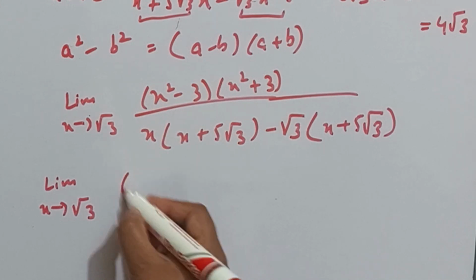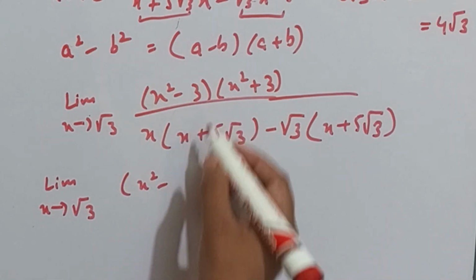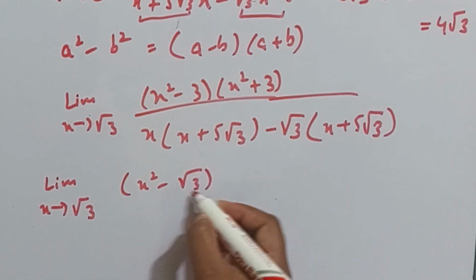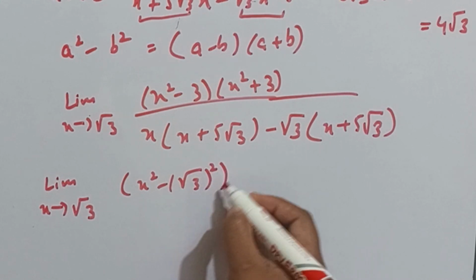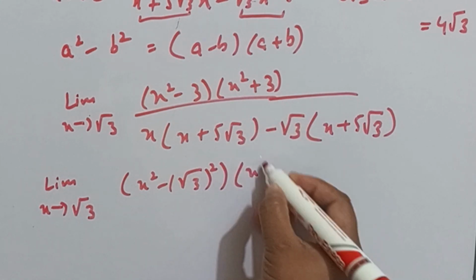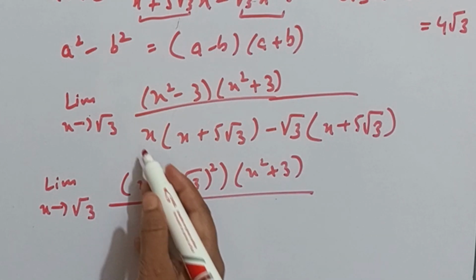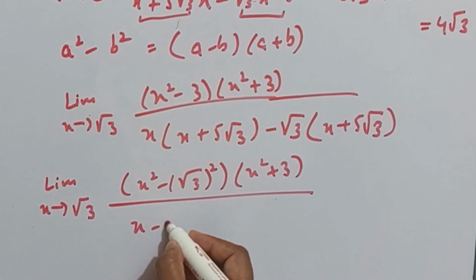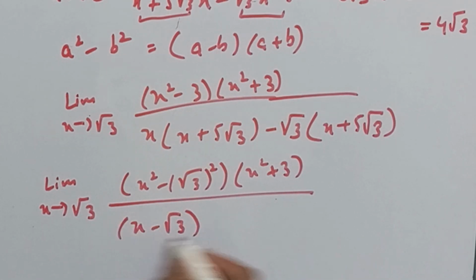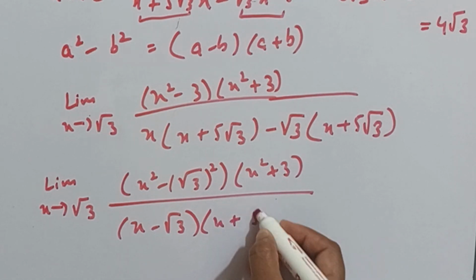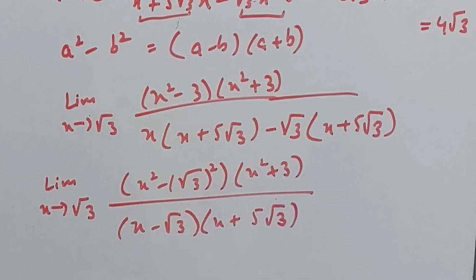This is x square, and we write 3 as square root 3 whole square. We copy the remaining value, x square plus 3, and the denominator is written as x minus square root 3 multiplied by x plus 5 times square root 3.